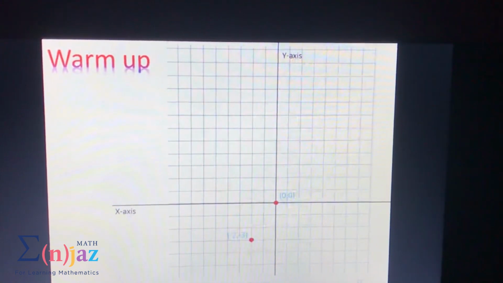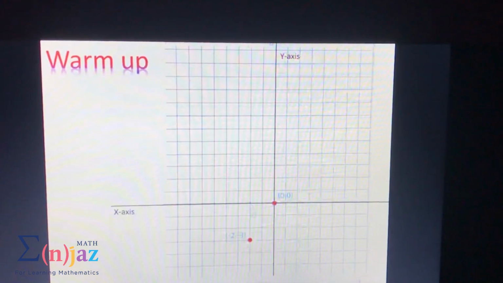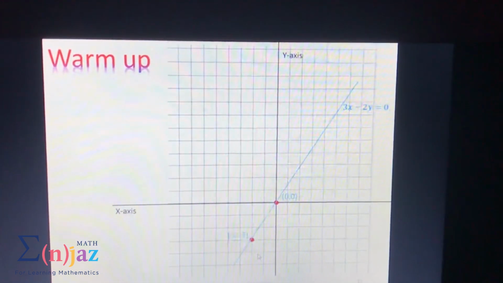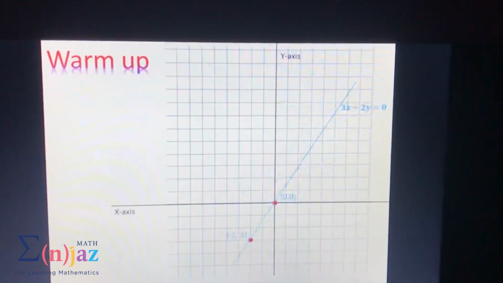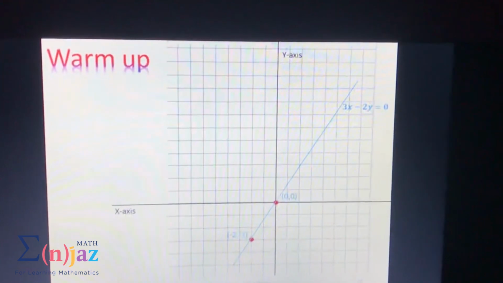How do we know -2 and -3? -2 is on the x-axis, so you go to the left 1, 2, and then because it's -3, you go down 1, 2, 3, and that's how we plot it. And then let's draw the line graph. And don't forget to write the address of this line graph, which is 3x minus 2y is equal to 0.